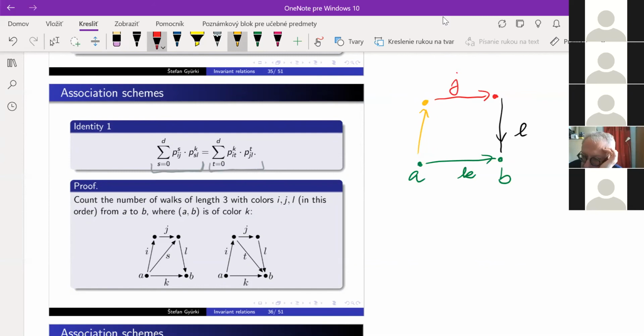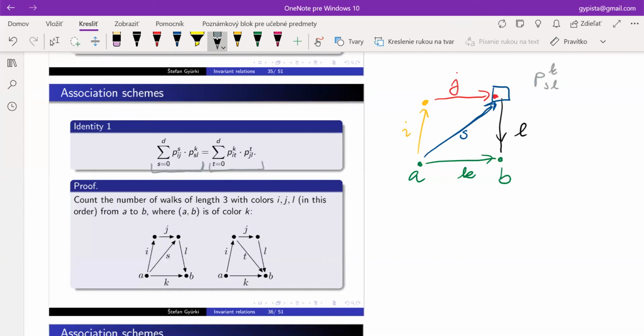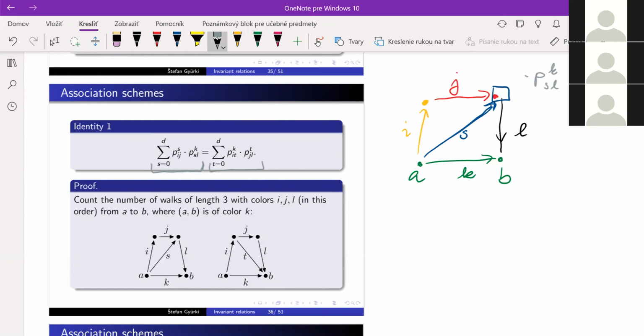For example, I will first count how many this dart is in L over K. And after that, I can ask what is the number of two walks from A to this vertex which have colors I and J, and of course this is independent of the choice of S, so it is P, I, J, S, and I am accepting all S's which came into account, so I am summing through S from 0 to all possible colors.